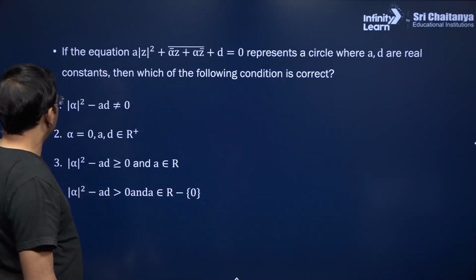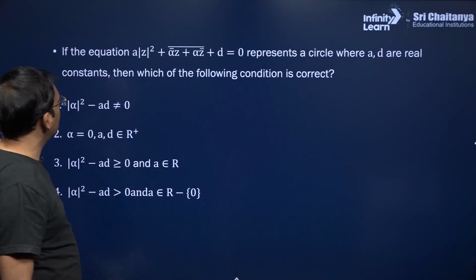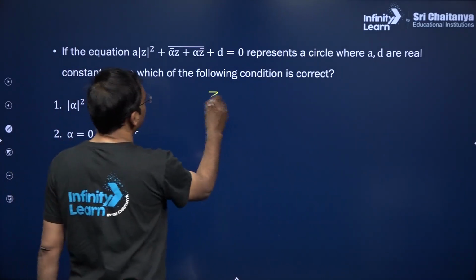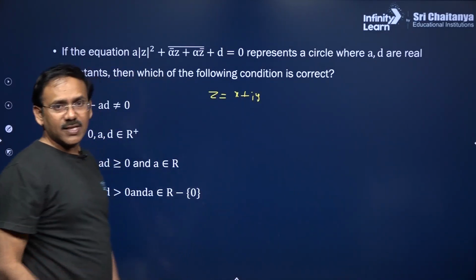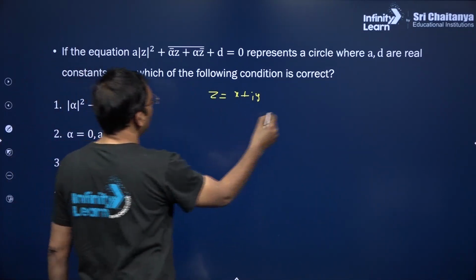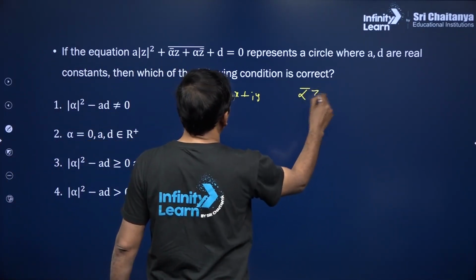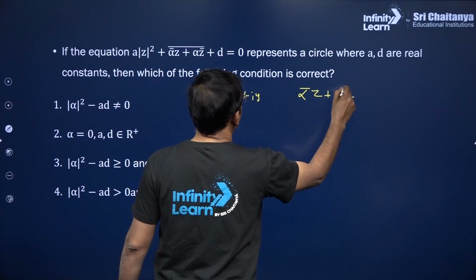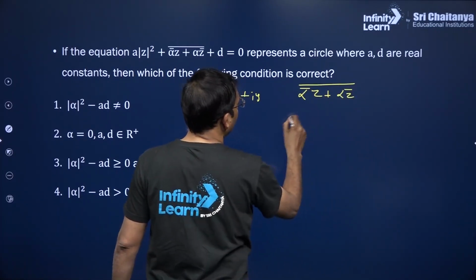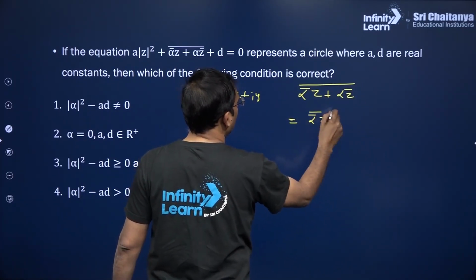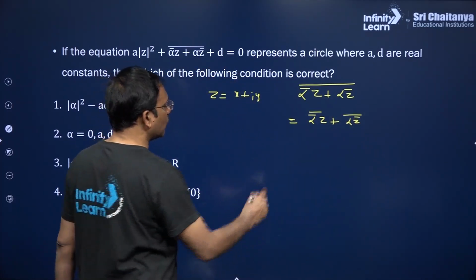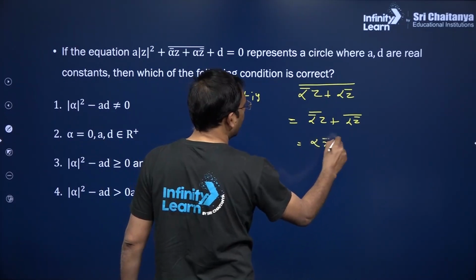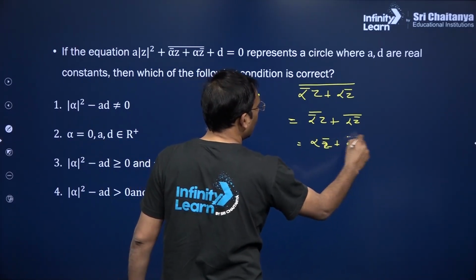Next, you see this complex number related question. Suppose z is equal to x plus iy, my dear friends. So mod z square means x square plus y square, and here alpha is a complex number. Alpha bar z plus alpha z bar, whole bar, which is alpha bar z whole bar plus alpha z bar whole bar, right. This is going to be alpha z bar plus alpha bar z.